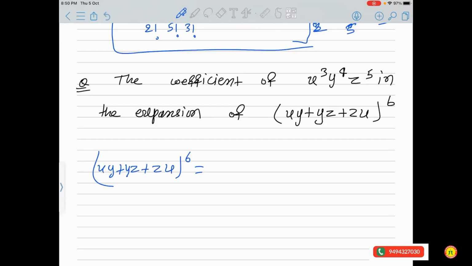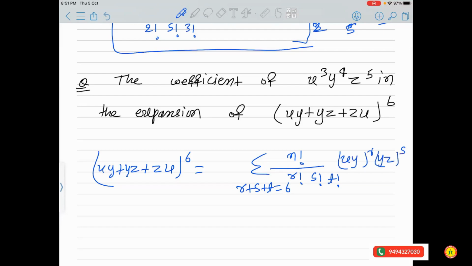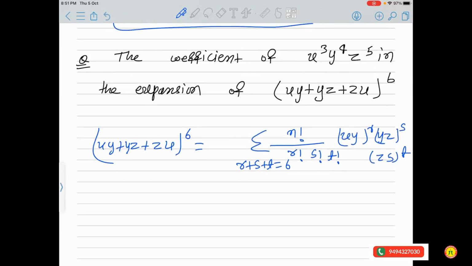We can write as 6 factorial upon, basically, you can write as summation of r plus s plus t equal to 6, 6 factorial upon r factorial s factorial t factorial, into (xy) power r, (yz) power s and (zx) power t, right? So we can see r plus s plus t.